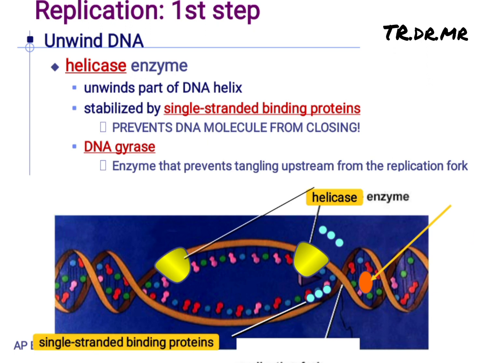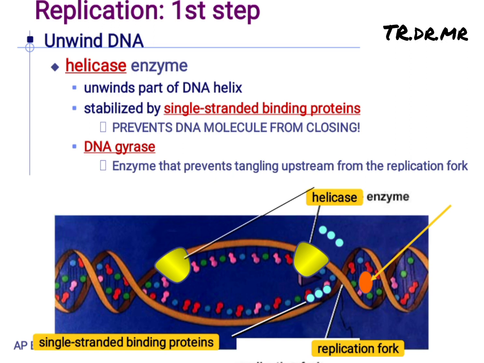Good. So we have seen the single-stranded DNA. We have seen the replication fork and how it is formed by the helicase enzyme, because we have said the helicase enzyme is very important when it comes to unwinding the DNA.